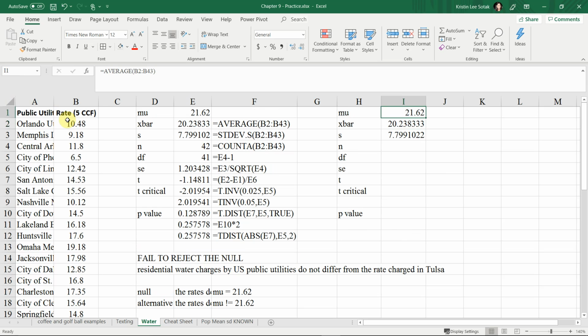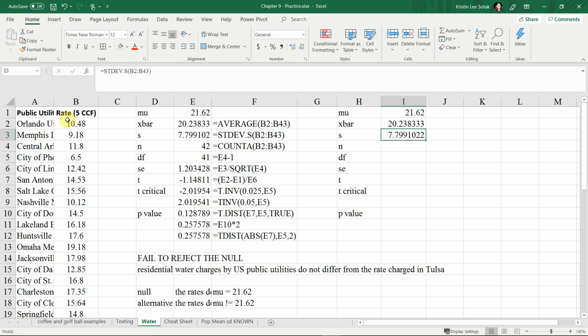So we get 7.79. We can actually look at this to determine if this is probably significant or not, just by looking at the numbers. Our means are pretty close. It looks like on average it's a little over $1 less for everybody else compared to Tulsa. So it looks like it's cheaper, but look at the standard deviation.